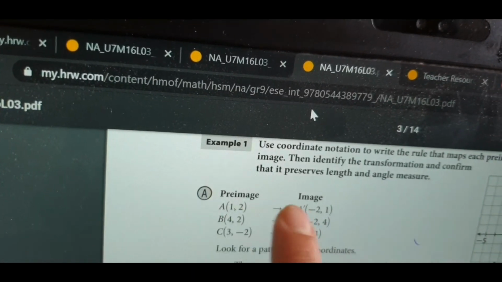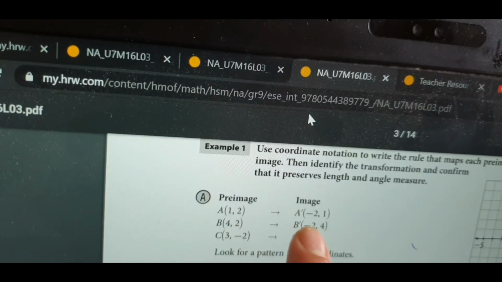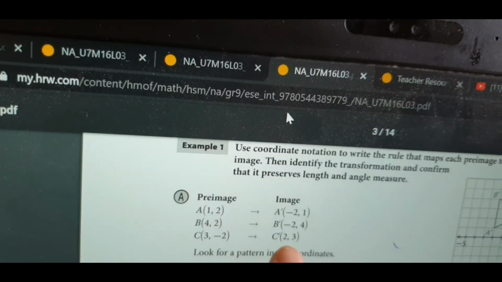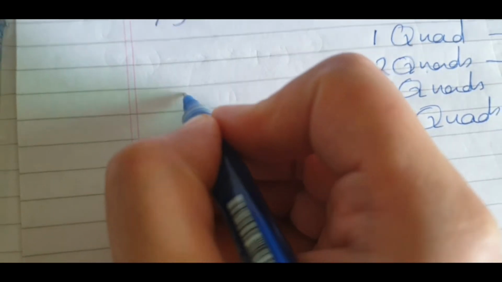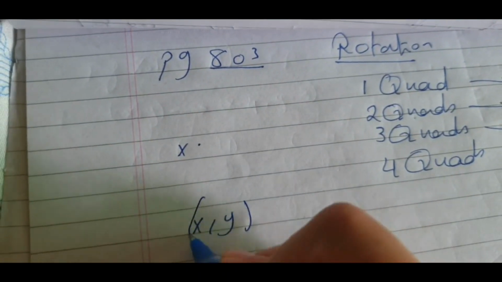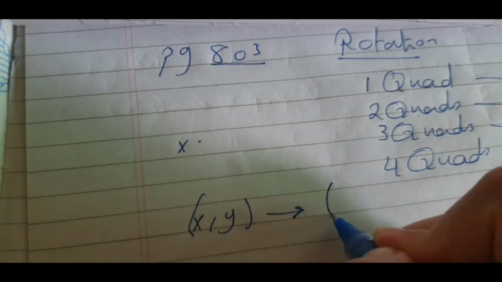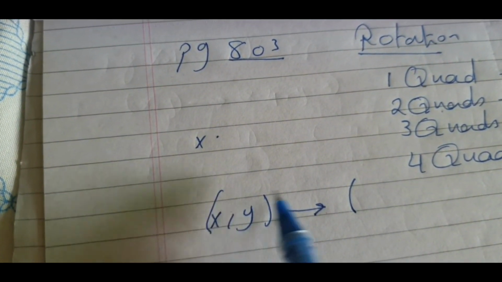It was a 2, it became negative 2. It was a 2 again, it became a negative 2. It was a negative 2, it became a 2, because negative negative is positive. So from here I can say that my rule is, let's write it here, x and y, I put x instead of y.